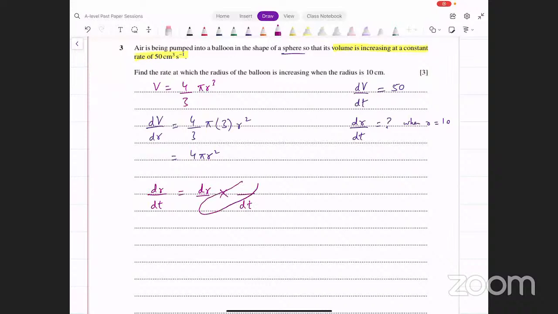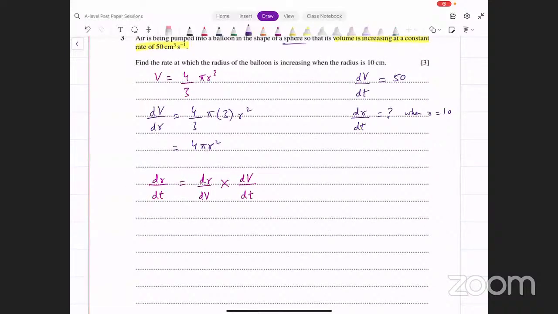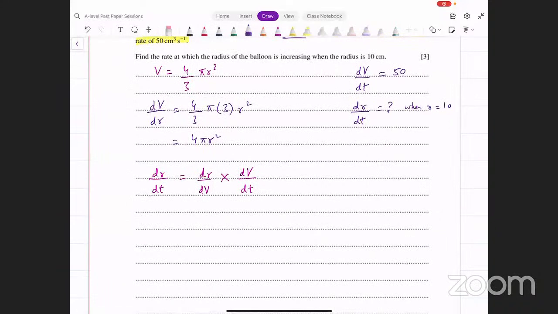And then the third thing is going to come here in these two places. The third is volume. So we have dV here and we've got dV here. That's the chain rule. अच्छा, dV over dr, यहाँ पे हमारे पास dr over dV है, तो क्या करेंगे, इसका reciprocal लिख देंगे. This is going to be 1 over 4 pi r squared into dV over dt, that's going to be 50. ये आपके पास आ गया.